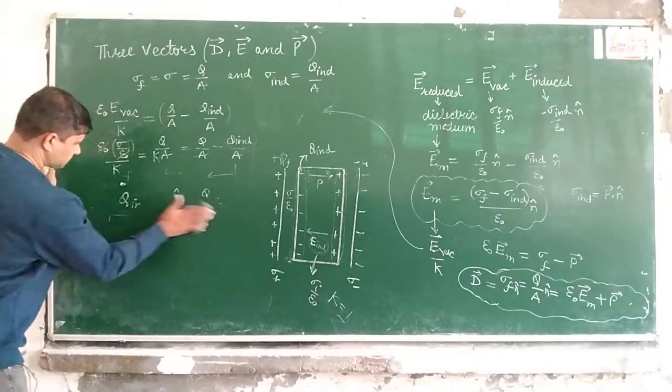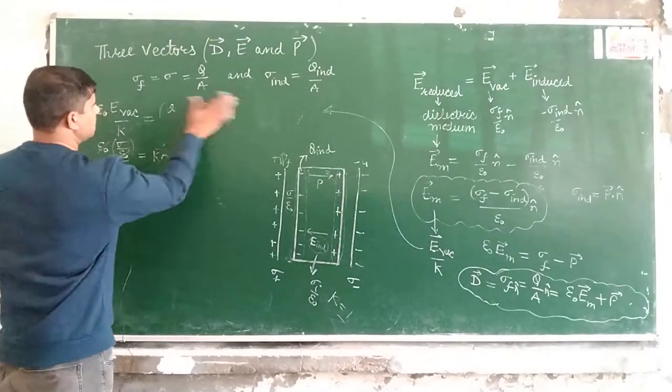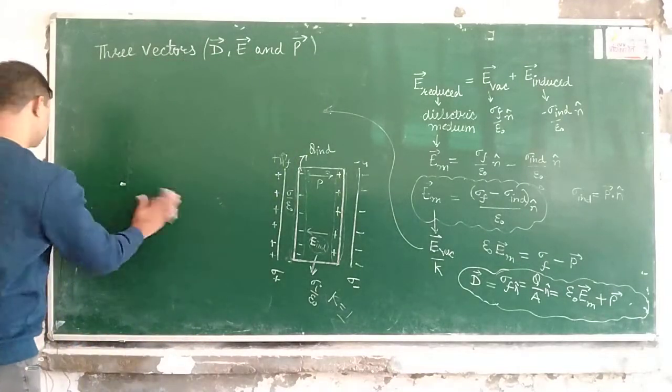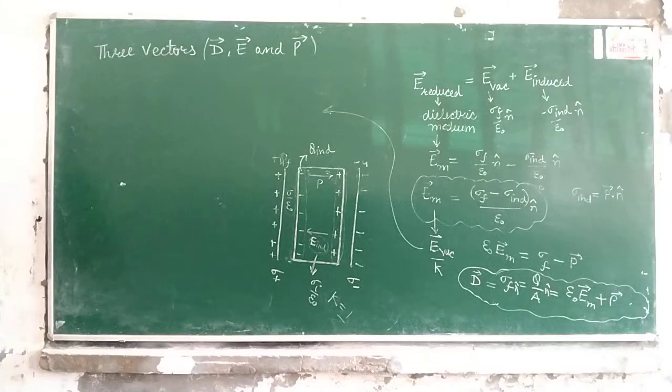So class, we have seen how the electric field, the displacement vector and the electric polarization vector are related to each other.